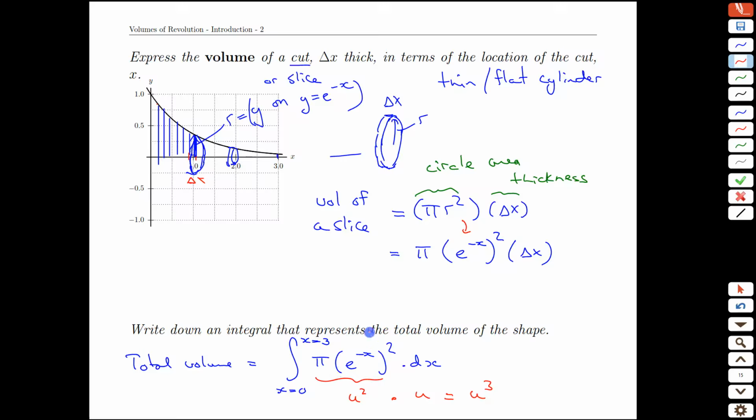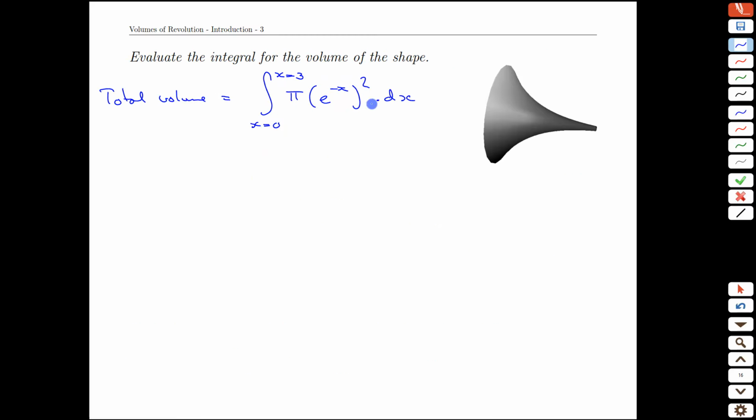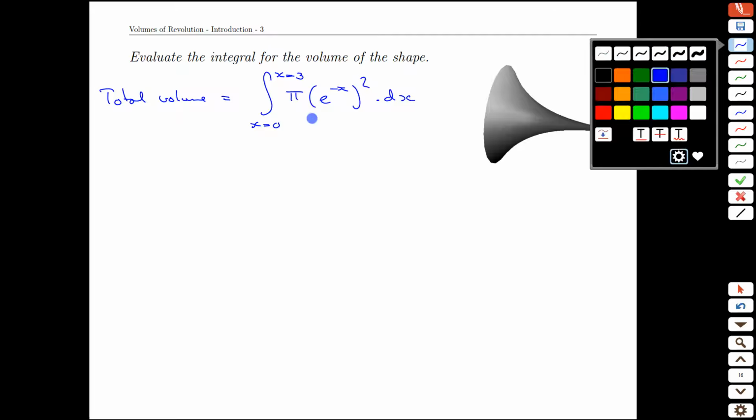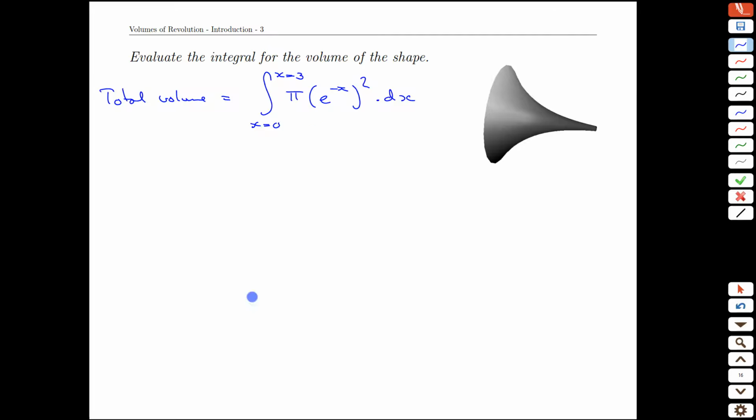In these problems, the setup is often the most challenging. The actual evaluation of the integral is going back to the skills that we've learned before. Here's a copy of our integral from the last page, and from this we can simplify a little bit to start with. First, rewriting without the x equals, that is always implied or matches the variable that comes with our d or our delta.